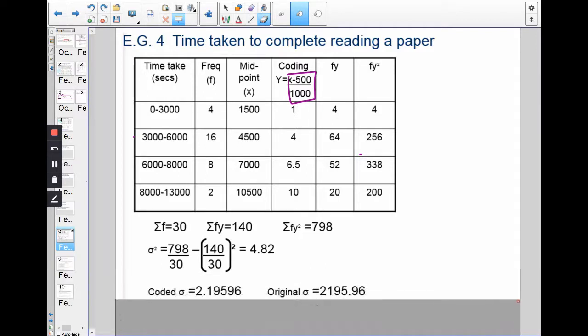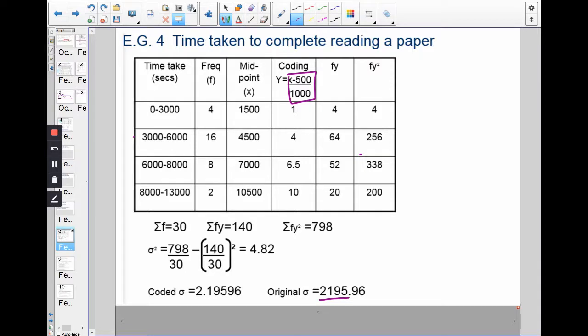So what you have to then do is multiply that by 1,000. So that was your variance, sorry, and this is your standard deviation. So 2.19596. When you multiply it by 1,000, you get your original variance and standard deviation.